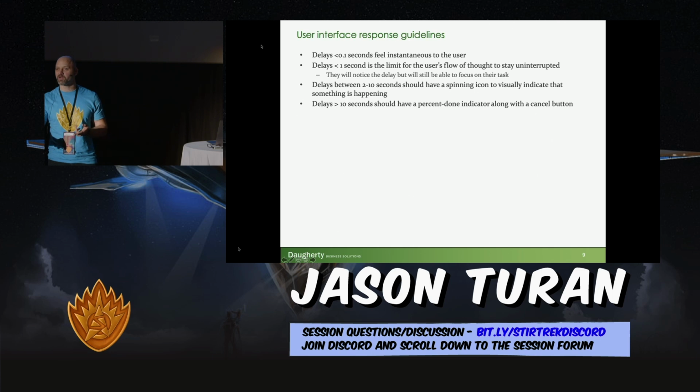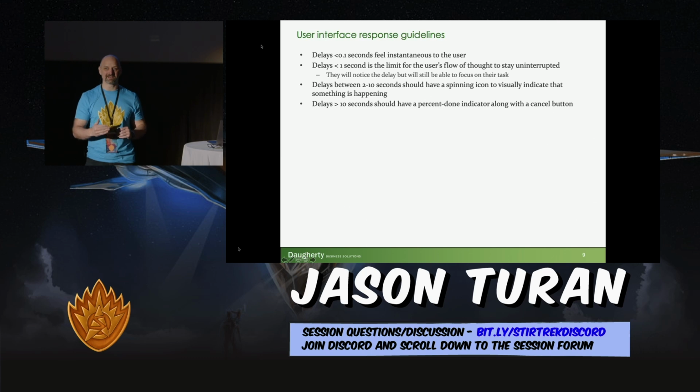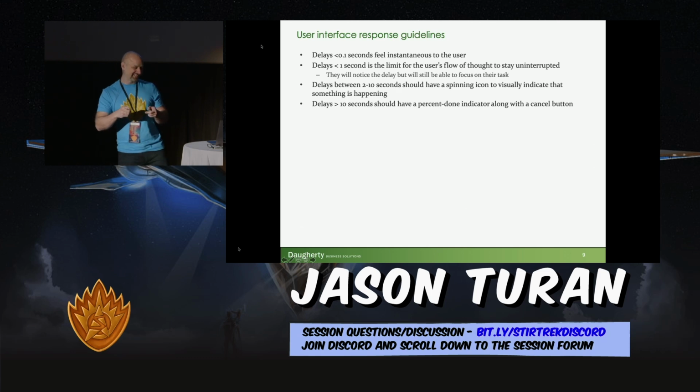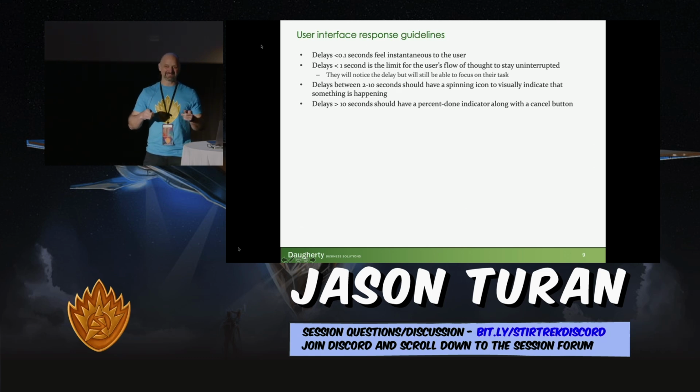If they click on a button or interact with the app in some way, and it doesn't respond within 1 second, you'll actually break their concentration and cause them to feel frustration, which will be directed at you in the user acceptance testing meeting.